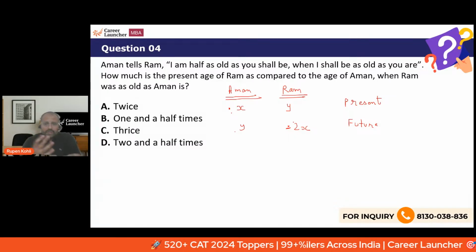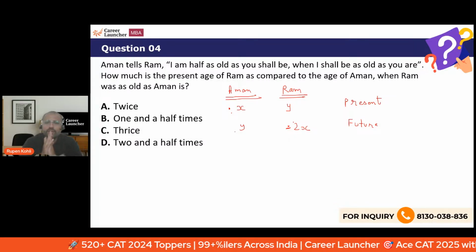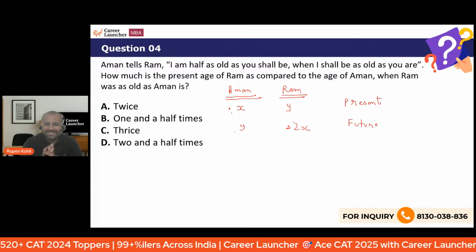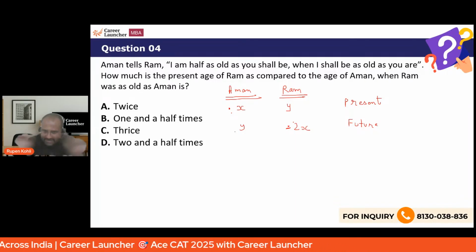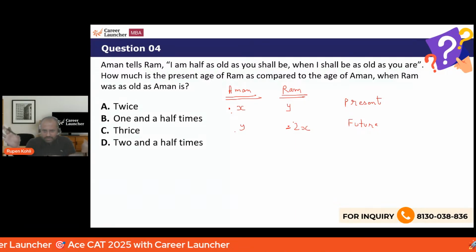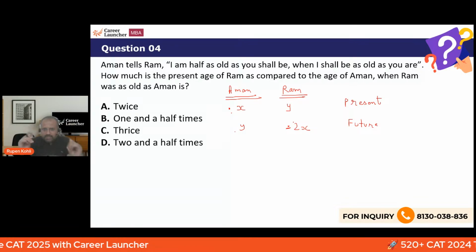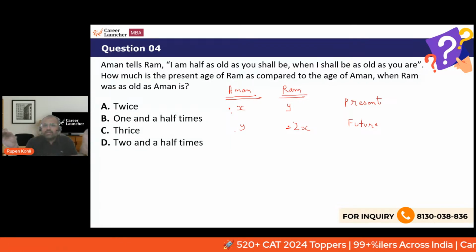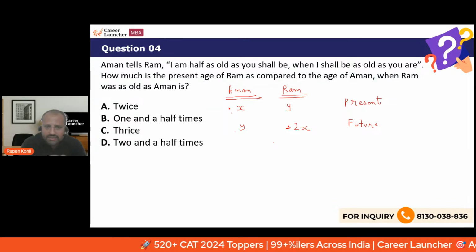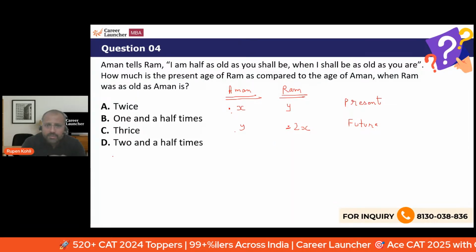Now, we have to relate x and y. How can we relate x and y? In any age problem, the only thing is the age gap between any two people always remains the same. You have the ages in the present and the future in variable x form. Just write the equation that the age difference between them is the same. Obviously, Ram is older than Aman.